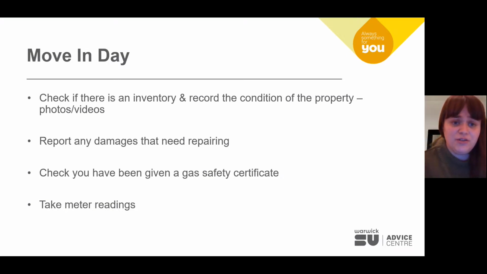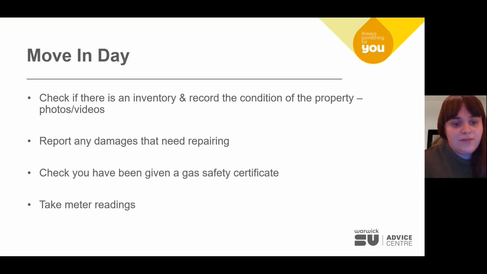What we advise students to do and what we encourage you to do is walk around the property, take time dated photos of everywhere, so even places that you wouldn't think of, just to make sure that you've got that recorded. While you're doing that walk around, make sure you notice any damages that might need repairing so that you can report this to the letting agent and make sure that that is again recorded on the inventory.